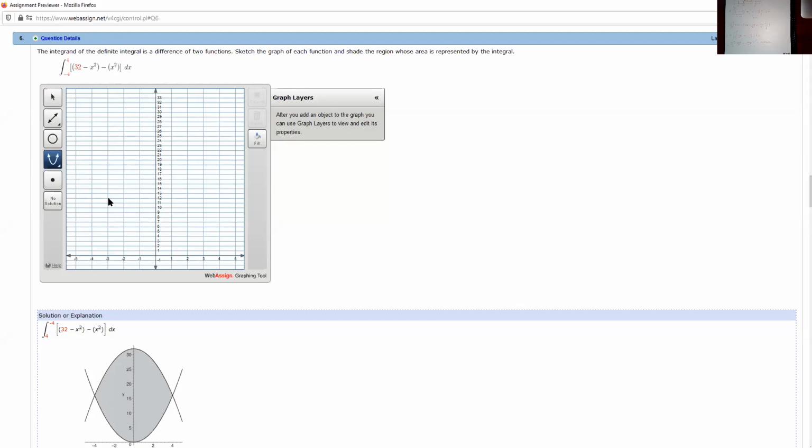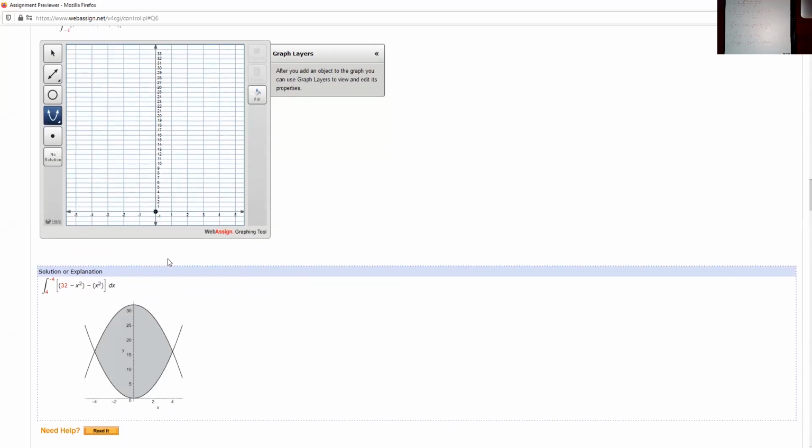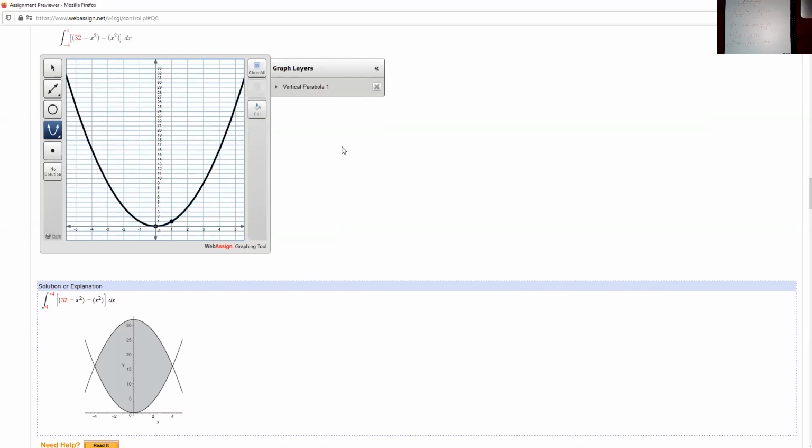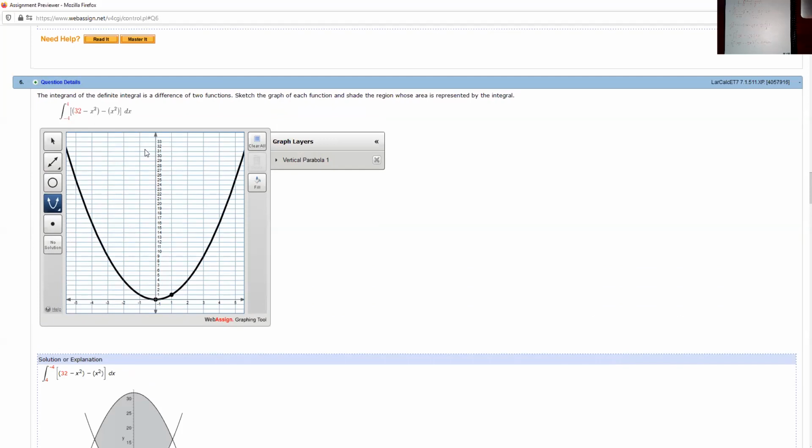Okay. So then (0, 0) is one point. (1, 1) is another point. That should be the first graph. And the second one, the vertex is on the y-axis, at (0, 32).